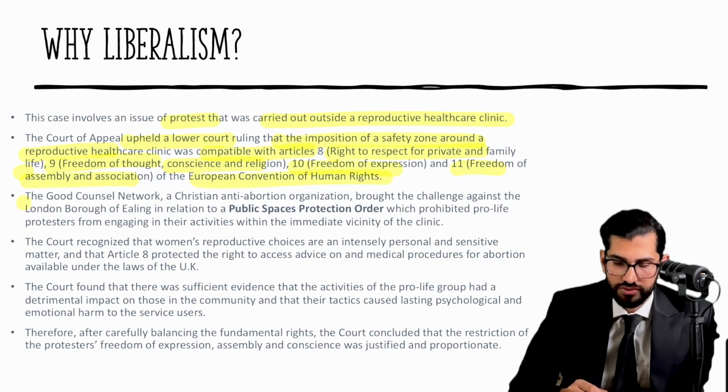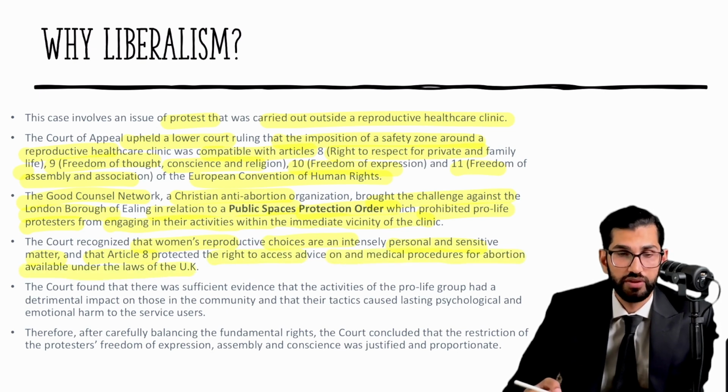The Good Counsel Network, a Christian anti-abortion organization, brought the challenge against the London Borough of Ealing in relation to the Public Spaces Protection Order, which prohibited pro-life protesters from engaging in their activities within the immediate vicinity of the clinic. The court recognized that women's reproductive choices are an intensely personal and sensitive matter, and that Article 8 protected the right to access advice and medical procedures for abortion available under UK law.